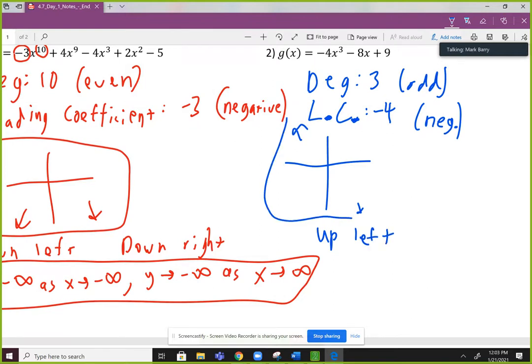So that's what our graph's gonna look like. Now let's translate it into the fancy math speak. All right, so up we know is referring to y, and up would be positive for y.